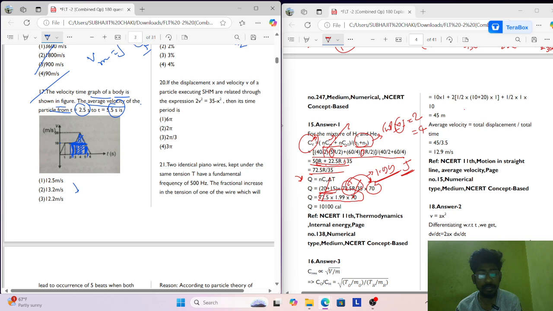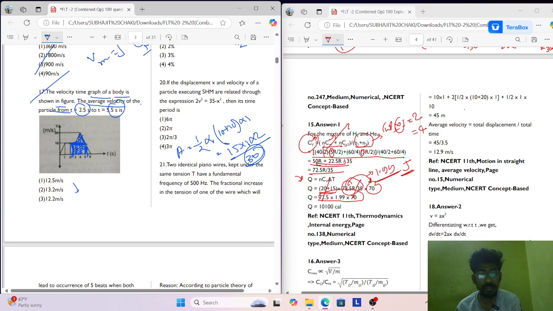And for this trapezium, just multiply it with 2, because two sides of trapezium are there. What is the formula for the area of the trapezium? Half into the sum of parallel sides. These are the parallel sides, one is 10, one is 20. 10 plus 20, and the distance between the parallel sides is equal to 1. This will be 15 into 1 into 2, which is 30.